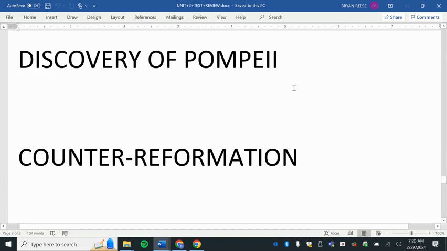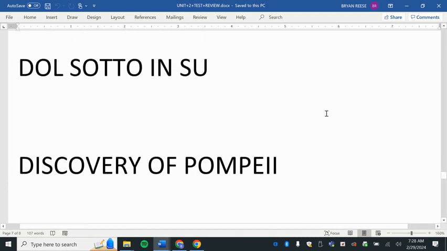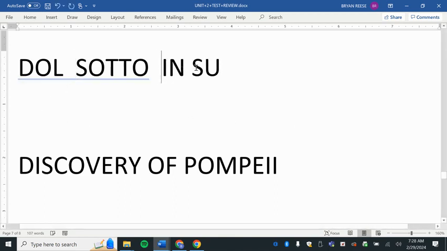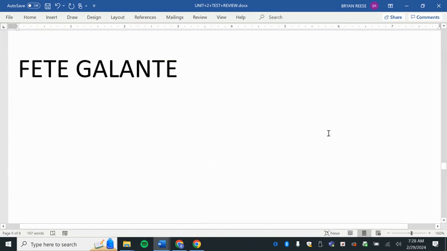What was the effect of the discovery of Pompeii on art? The term Dal Soto in Sioux is on the test. The term Fete Gallant is on the test.